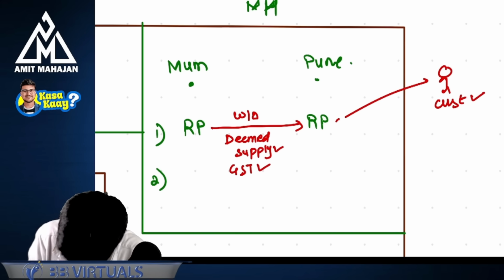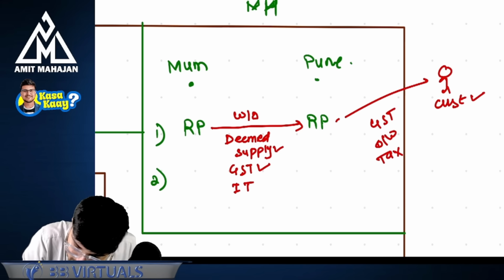Now the point is, don't you think this is wrong? For Pune it is wrong because Pune will have to pay GST, if not value, but GST it will have to pay. Yes. The point is, it is actually not wrong because when Pune is taking the inward supply, at that point of time, Pune is making a payment of GST, right? And when Pune office will sell it further to the customers, Pune office will charge GST. So can I say this is an outward supply, this is an outward tax, and this is an ITC?